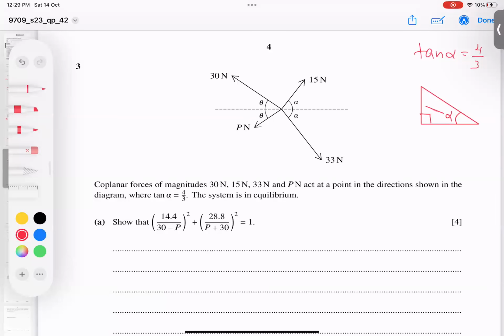Here is alpha. This side is called opposite, and in front of 90 is called the hypotenuse, and the other is adjacent. So tan is opposite by adjacent. So 4 over 3, 4 over 3. All right, and I will use the Pythagoras theorem.